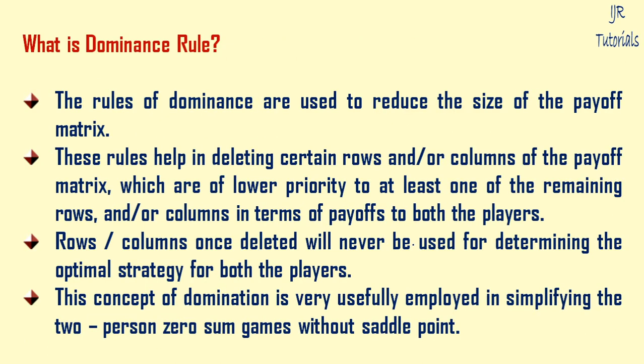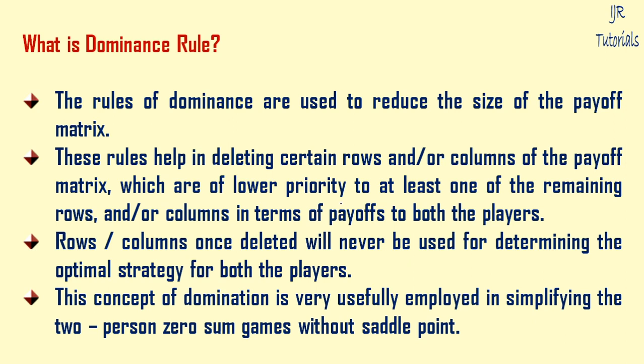Now we need to see what the dominance rule is. The rules of dominance are used to reduce the size of the payoff matrix. Second, these rules help in deleting certain rows or columns of the payoff matrix which are of lower priority to at least one of the remaining rows and columns in terms of payoff to both players.